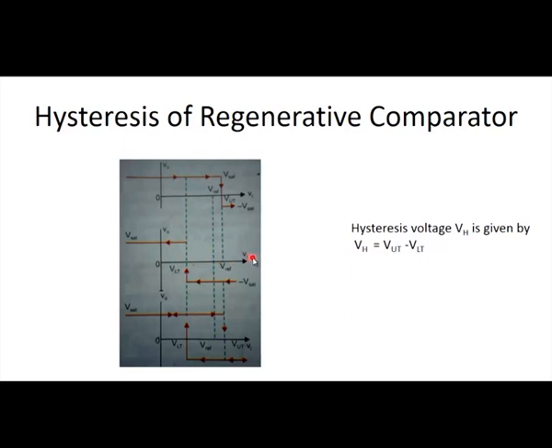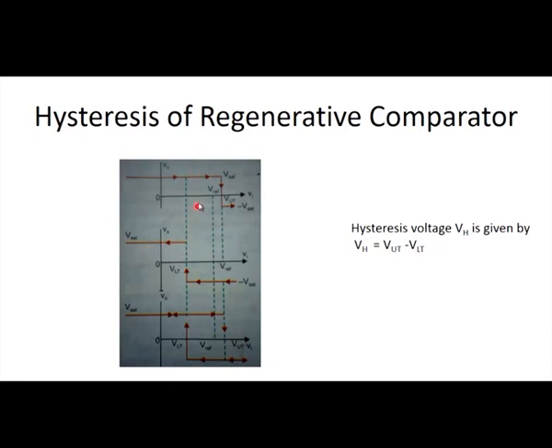Again, this is the input voltage. Here you are comparing the input voltage with the lower threshold voltage. If the input voltage is higher than the lower threshold voltage, then the output is negative V saturation, and once the input signal is lesser than the lower threshold voltage, the output is plus V saturation.